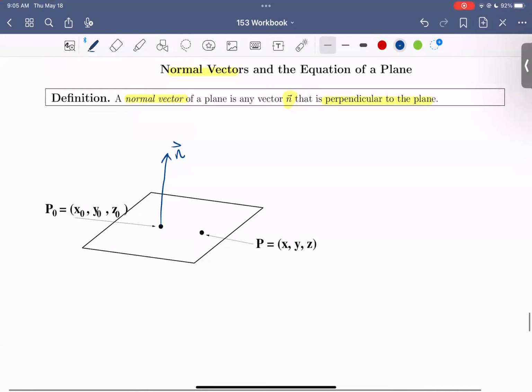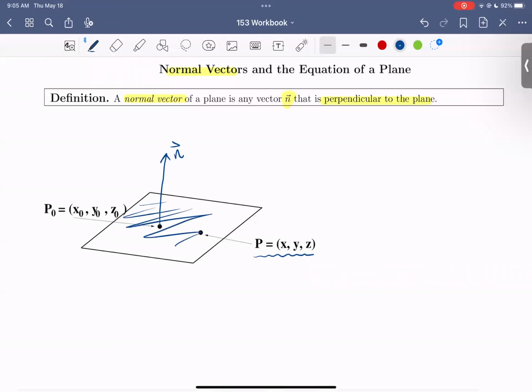So I have here, let P equal x, y, z. So what we want to do is create a formula with that x, y, and z so we know which points lie on this plane. Okay, so to do that, we can make the following observation. Notice that for any point P on our plane, the vector from P naught to P is going to be orthogonal to n, or it'll meet n at a 90-degree or right angle.